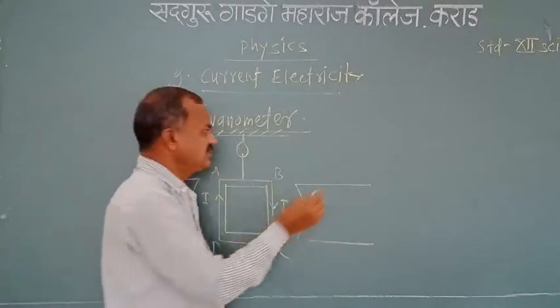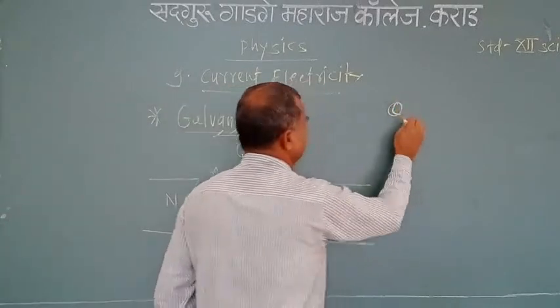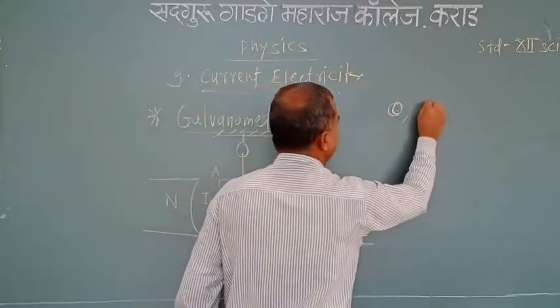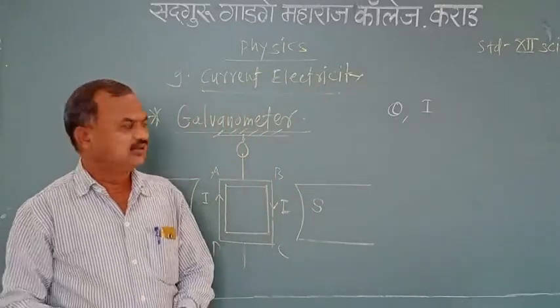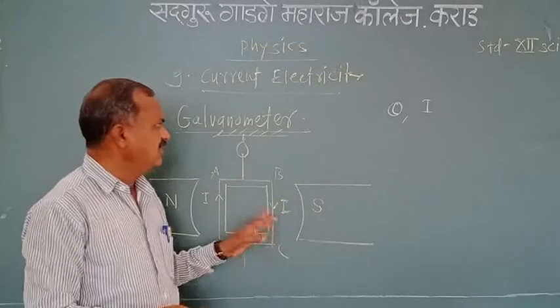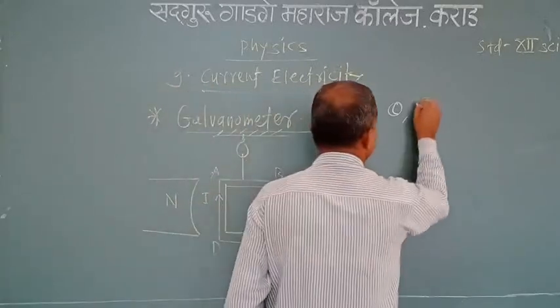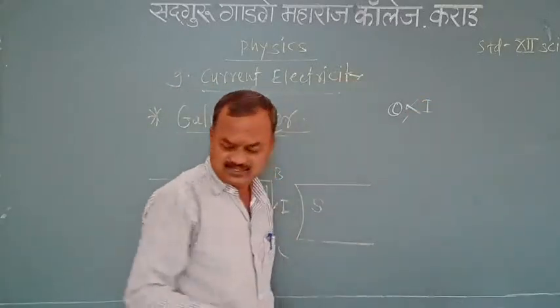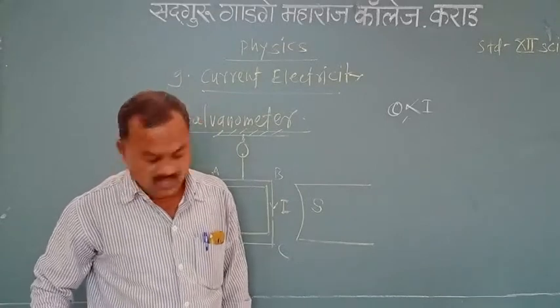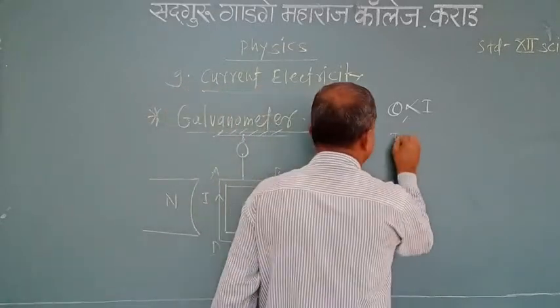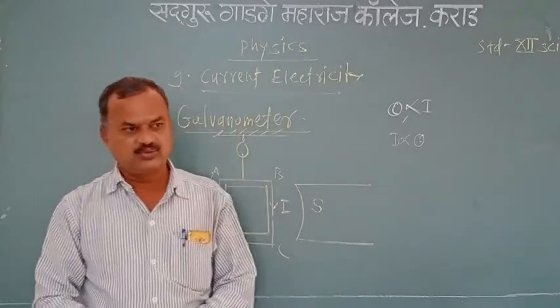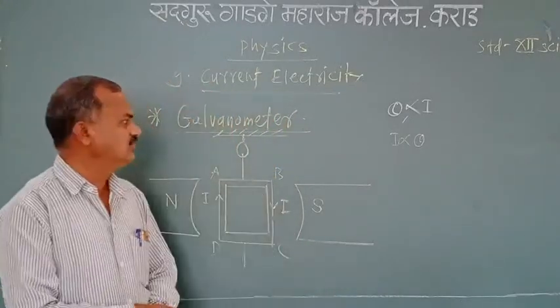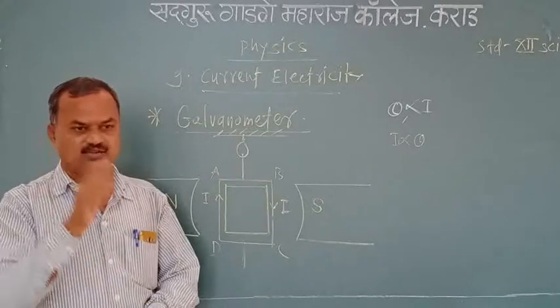Suppose theta be the deflection of the coil and I be the current flowing through the coil. Then it is observed that deflection of the coil is directly proportional to the current flowing through the coil. That is, theta is directly proportional to I, or I is directly proportional to theta. Means deflection of the coil in galvanometer is directly proportional to the current flowing through the coil of galvanometer.